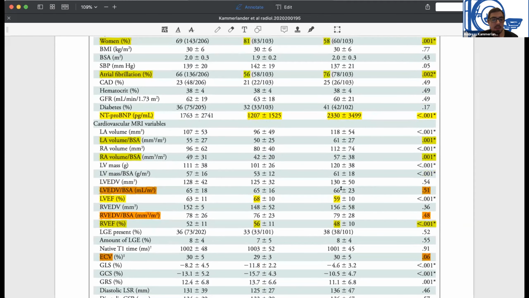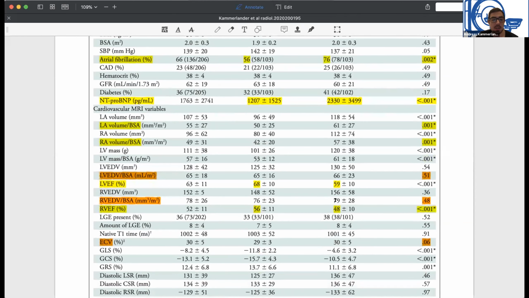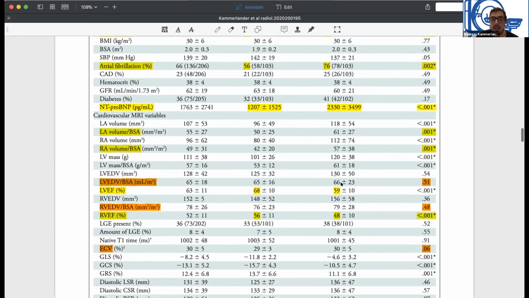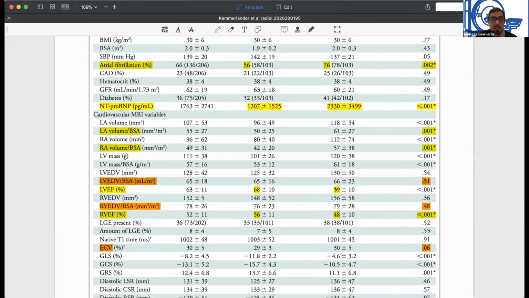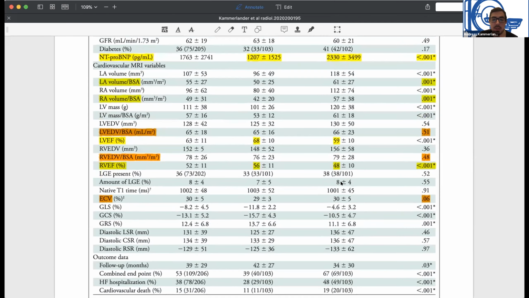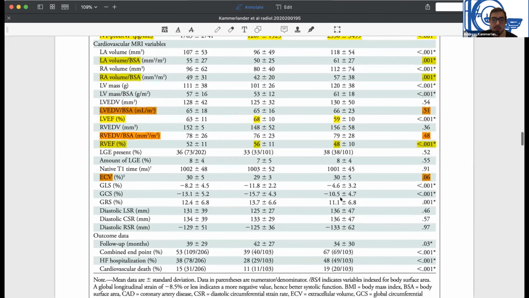Interestingly, no difference in the left ventricular end-diastolic volume or the RV end-diastolic volume, because you would suspect in HFpEF patients, those who are sicker actually have more dilated RVs. At least that's what we think clinically. There was a difference in the LV ejection fraction, which was not that surprising. There was no statistical difference in the extracellular volume.